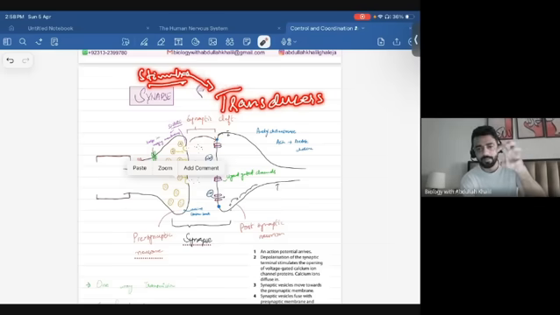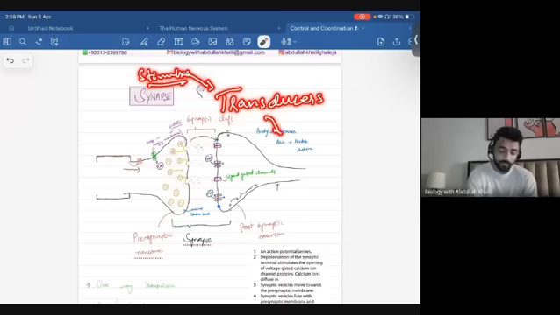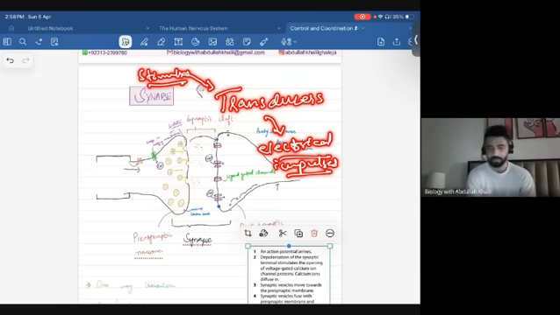Whatever the stimulus is, your receptors are able to convert it into electrical signals. The energy from the stimulus is converted into electricity. That's why they are called transducers, because they convert the form of signals.